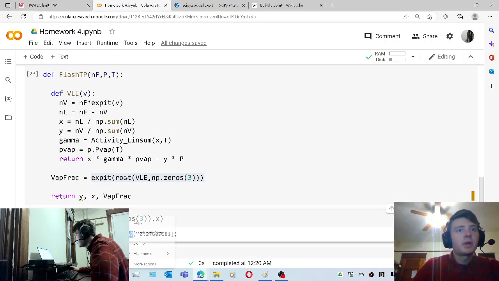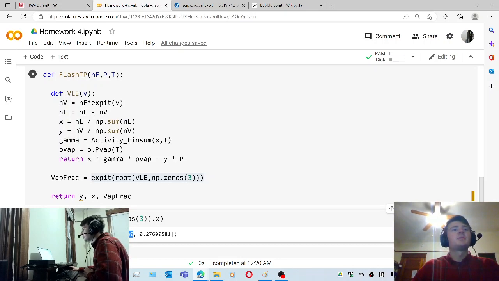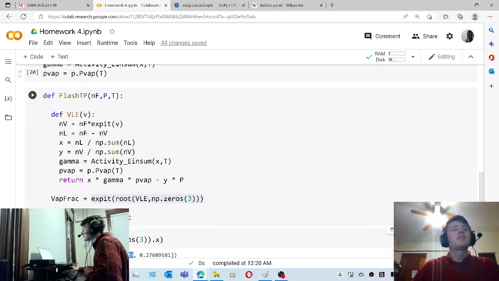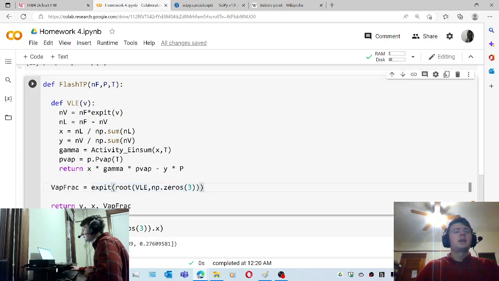But that's only with those initial guesses, with some of these other terms being assumed from outside the function, so that shouldn't be the final answer, I don't think. But continuing on, I know that these are the vapor fractions of each component.